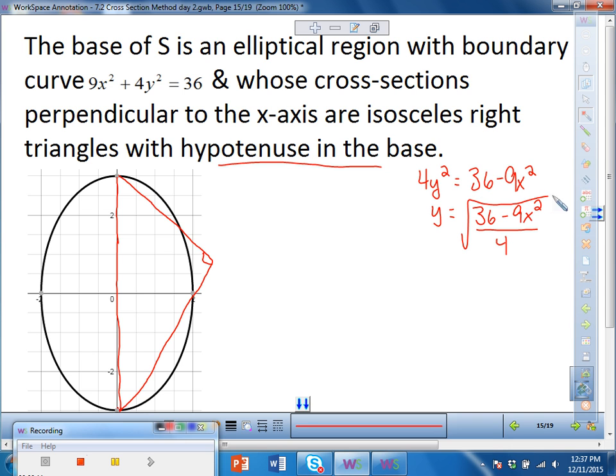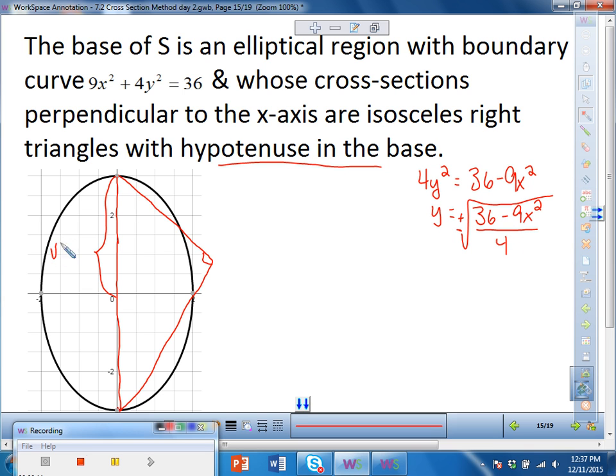Square root of all that. Okay? Are we good? That's ugly, but it's okay. And it's plus or minus. So what is going to be the length of this? This thing right here.